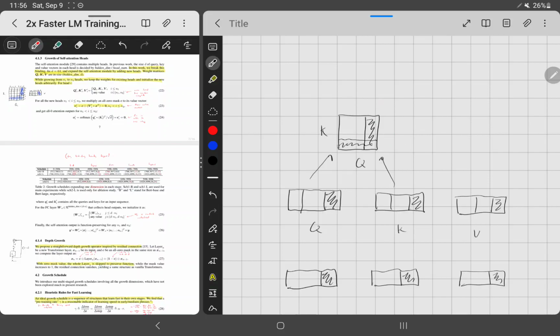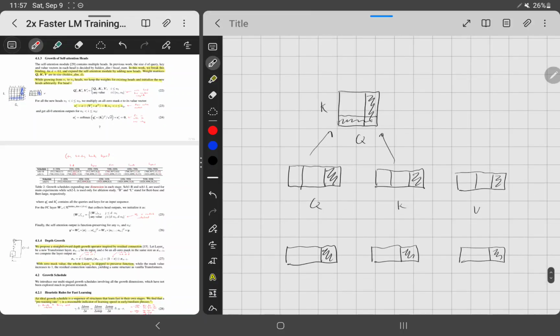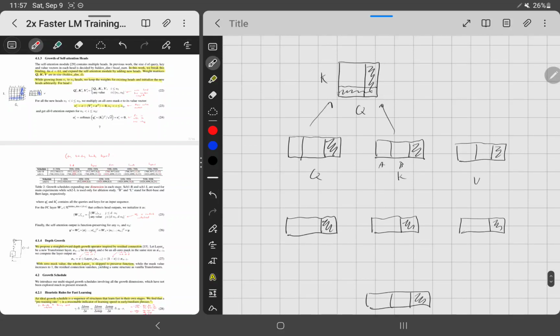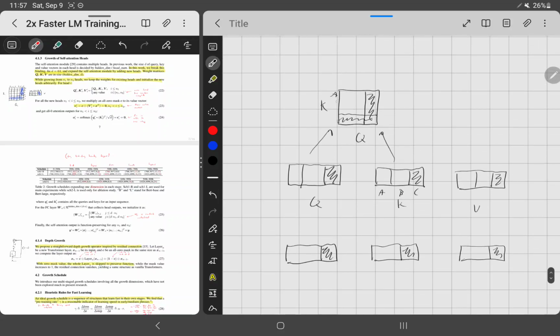So basically your keys have no information for the masked component. In this case, it would be this last part. Maybe if this is word A, B, and C, then this would be A, B, and C, and this would be A, B, and C.